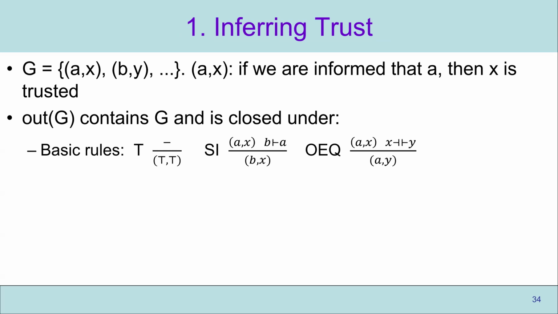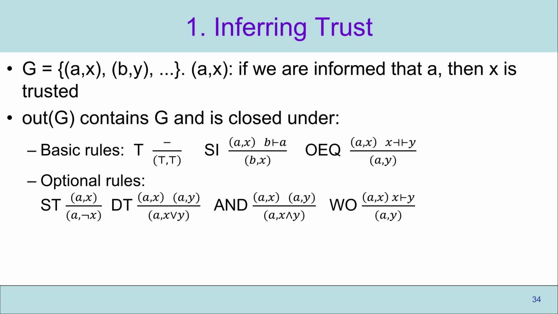This is the one we have seen from input-output logic. There's also one I didn't discuss, we also have this. But we don't have conjunction, we don't have weakening of the output, and we just have this very weak equivalence, replacement by logical equivalence. And now, just like in input-output logic, we will have some optional rules which people can use.